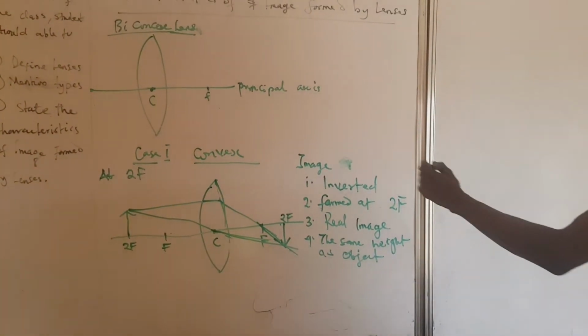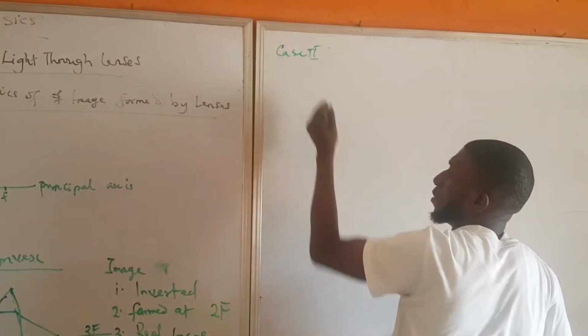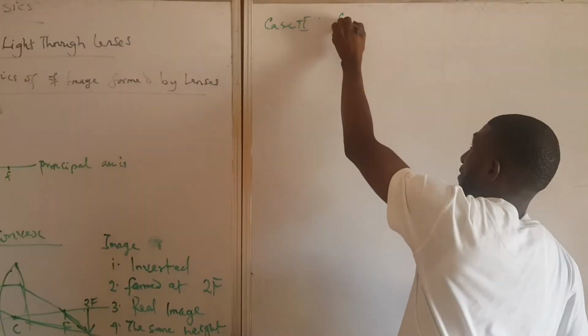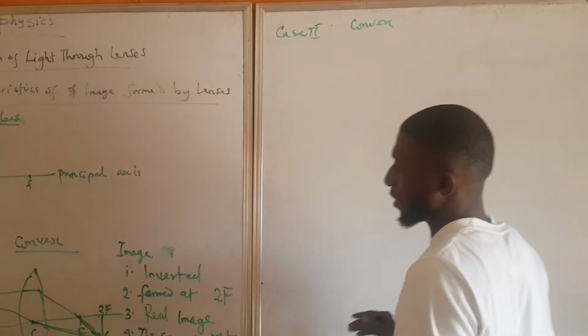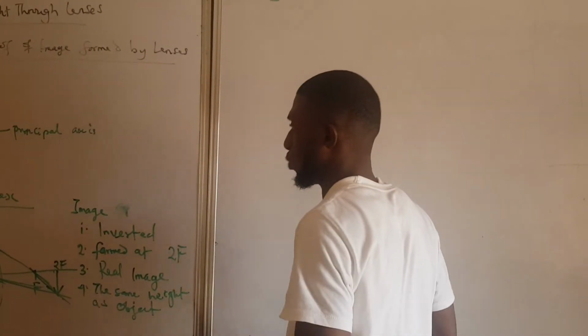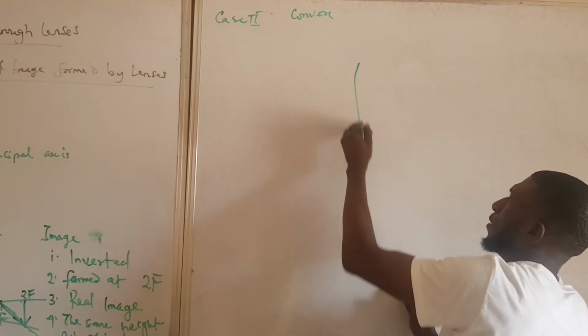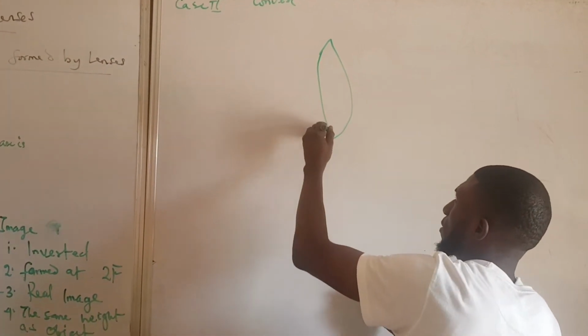Now, the second case, case 2, on a convex lens. What if the object is not placed on 2f? If it is placed beyond 2f, that is at the back of 2f, then we have our lens to be this.